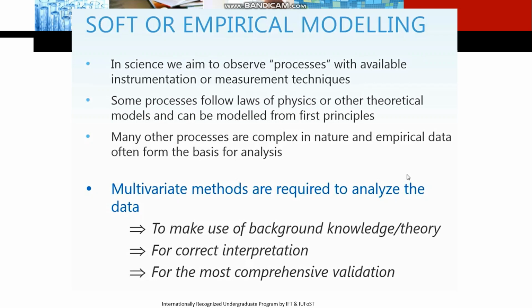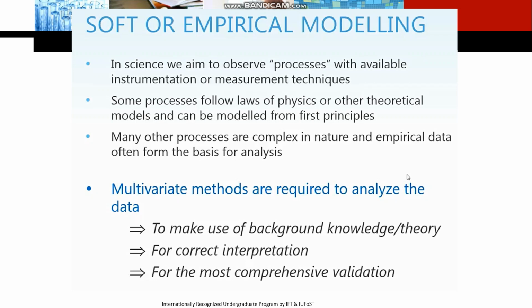Some processes follow laws of physics, or other theoretical models can be modeled from first principles. Many other processes are complex in nature, as mentioned, and empirical data often form the basis for analysis.